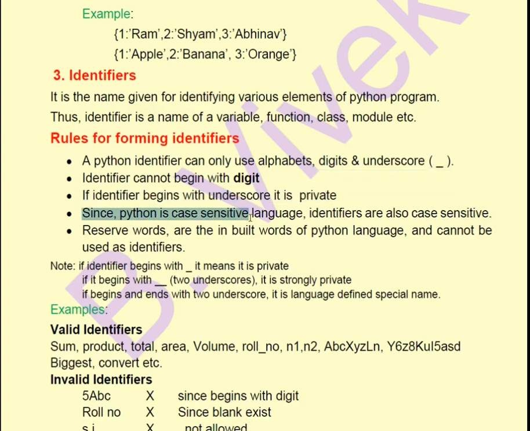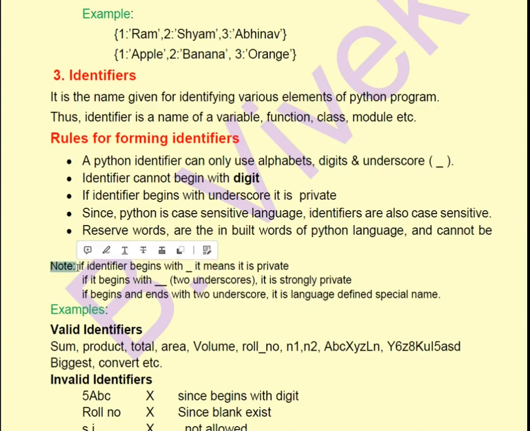Since Python is a case sensitive language, identifiers are also case sensitive. So Python makes a difference between capital and lowercase. Reserved words are inbuilt words of the Python language and cannot be used as identifiers.